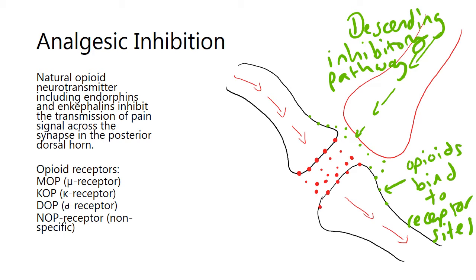So we have our first order neuron here, where our pain signal is traveling in this direction.